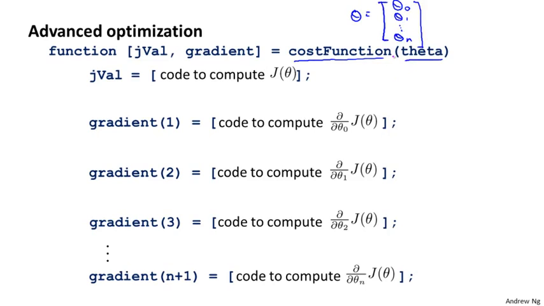But because Octave indexes vectors starting from 1, theta 0 is written in Octave as theta 1, theta 1 is written as theta 2, and so on down to theta n plus 1.